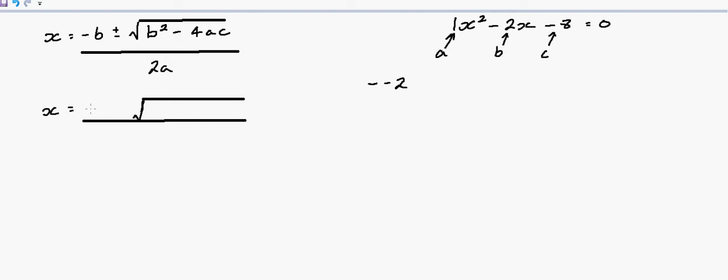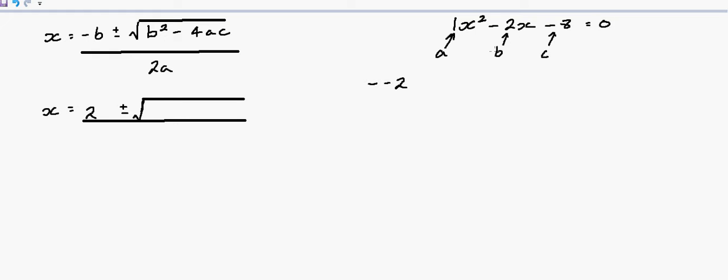So here we're going to have 2. If it helps you to write +2, write +2. People don't mind. So when you get minus b, if it's a negative number, what they're saying is minus whatever b is. So b happens to be -2.